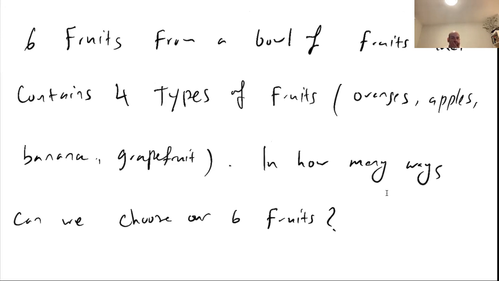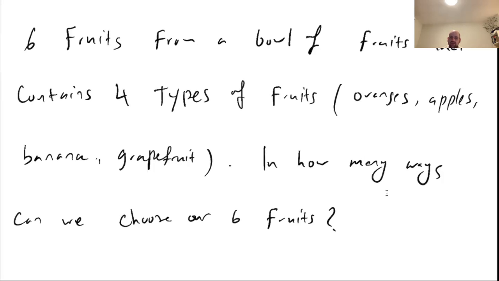So here, if you compare with the previous examples of combinations, where we said, for example, 6 students are to be chosen to form a committee, none of the students are allowed to be repeated. But here, when we say 6 fruits, I am allowed to have 2 oranges or 2 apples or 3 apples, right?